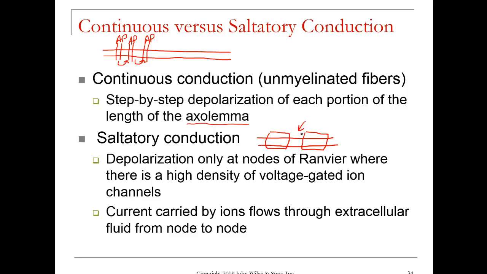Then this rush of ions in at the nodes of Ranvier will create a little current, and that will sweep the ions down to the next node of Ranvier, where it will depolarize the next node of Ranvier. These little boxes there are indicating the Schwann cells.